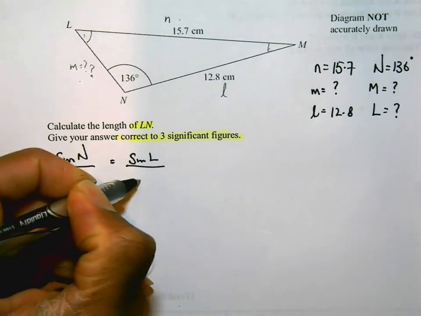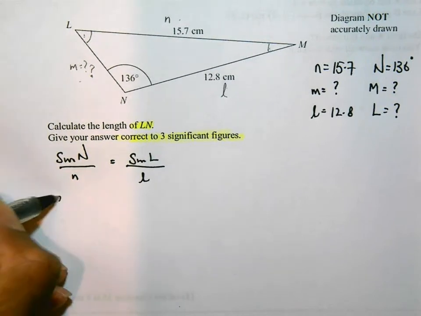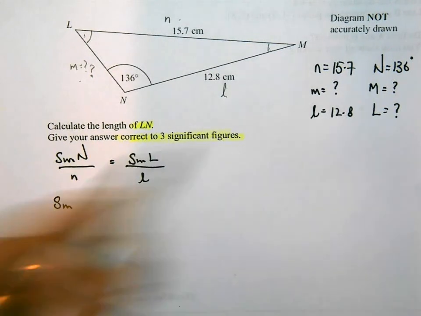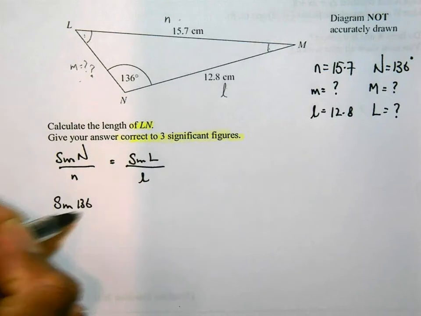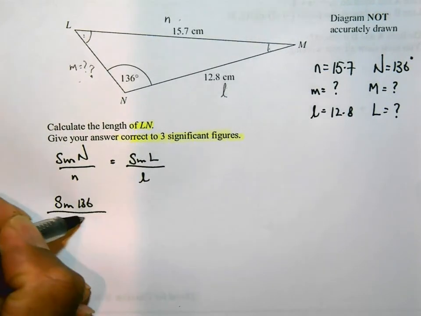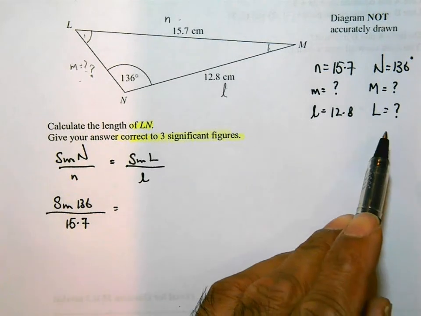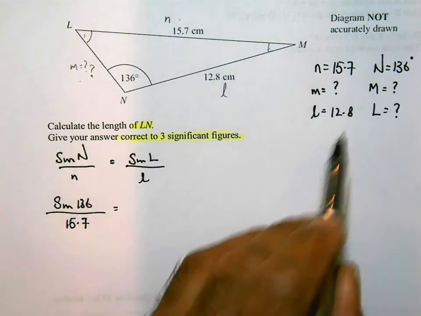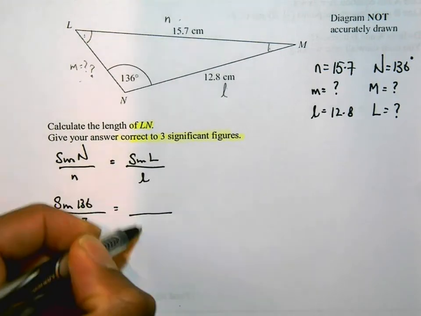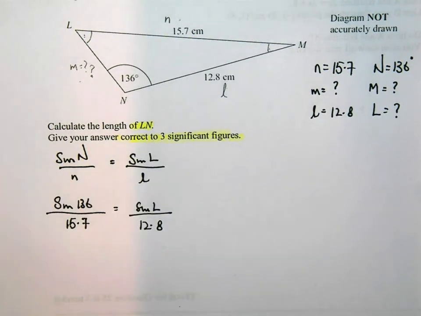Now I know 3 of those things. So I know that big N is 136 degrees. I know that small n is 15.7. I know that L, the angle L, is what I want to find, but small l is 12.8. Okay, now let's work that through.